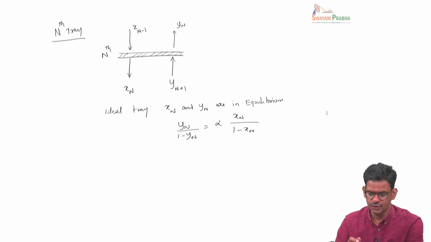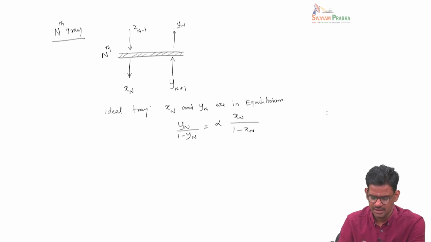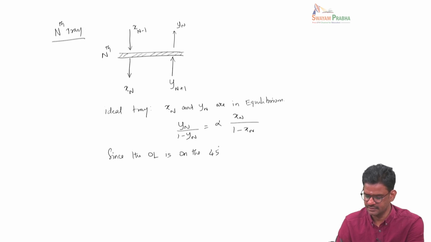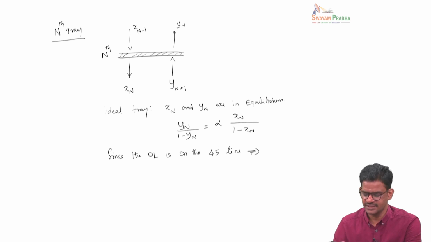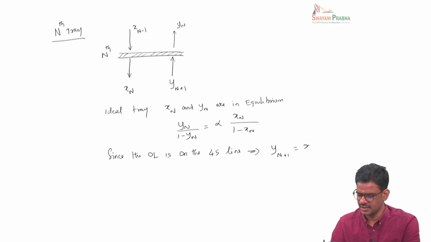Another thing we should note is that since the operating line is on the 45-degree line, the consequence is that yn plus 1 will be equal to xn.